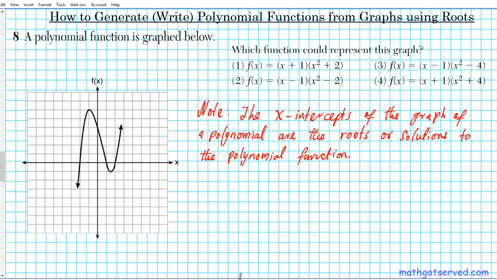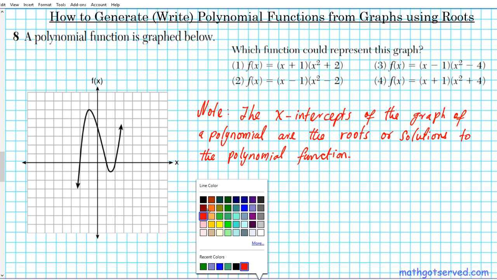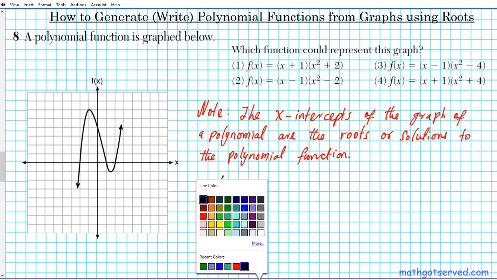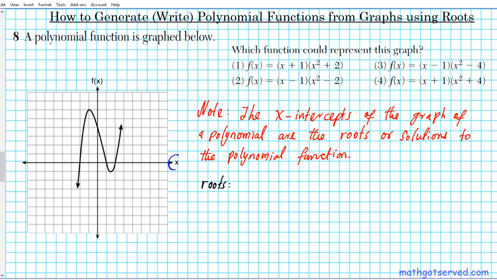Alright, so let's do it. First one, we need to find the roots. What are the roots of this polynomial function? The roots are the x-intercepts, right? Let's see. So we have, this is the x-axis. So wherever the graph cuts the x-axis is the x-intercept. So we have an intercept here, an intercept here, and an intercept here.